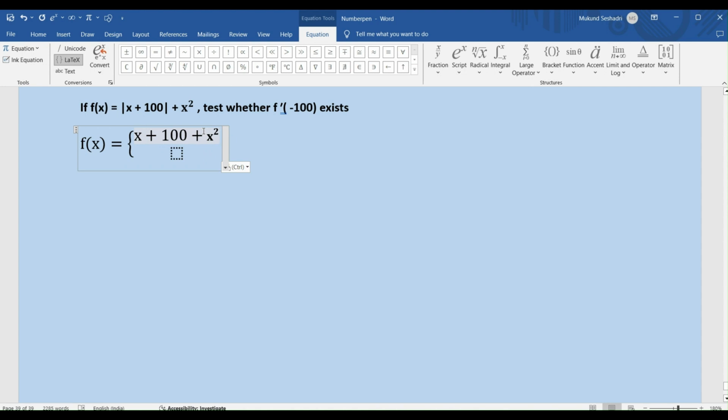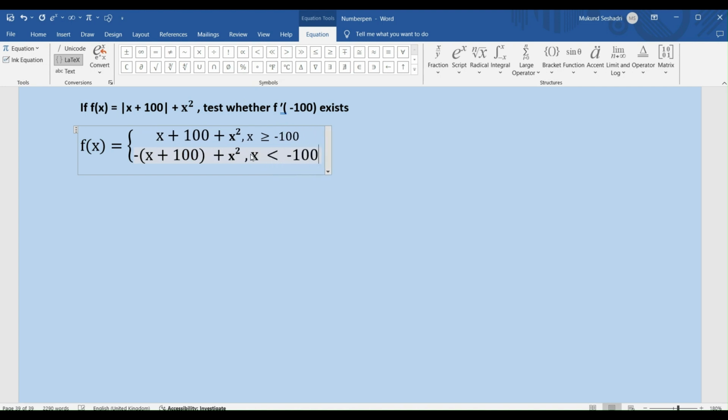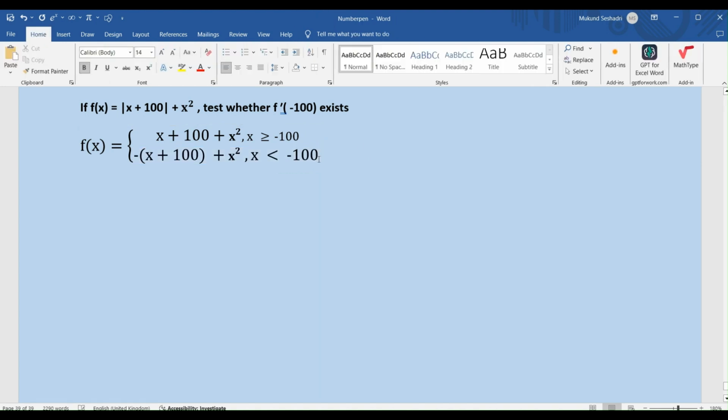So that will be our first part of the equation, x greater than or equal to minus 100. And then mod of x plus 100 takes the value minus of x plus 100, plus x square, for x lesser than minus 100, right? So there we have our expression.